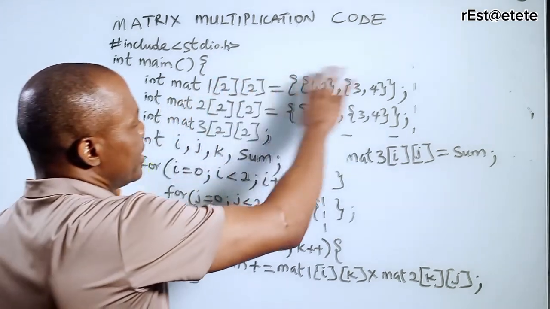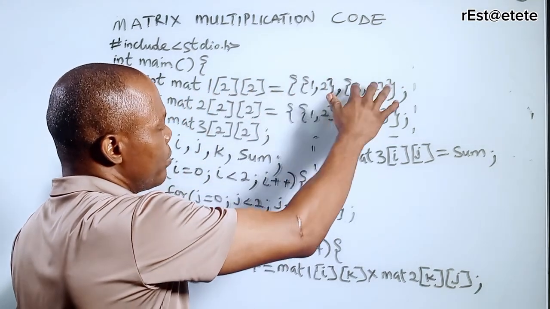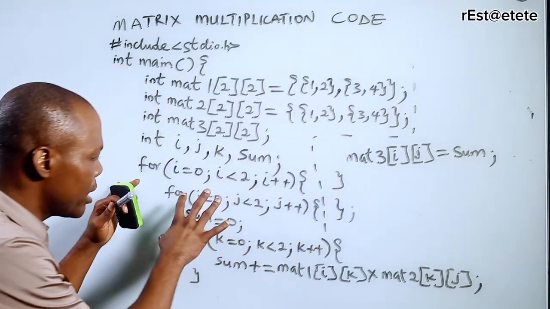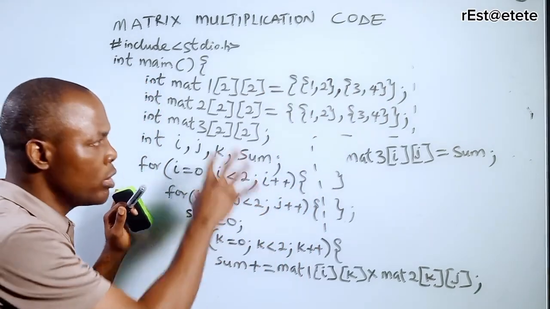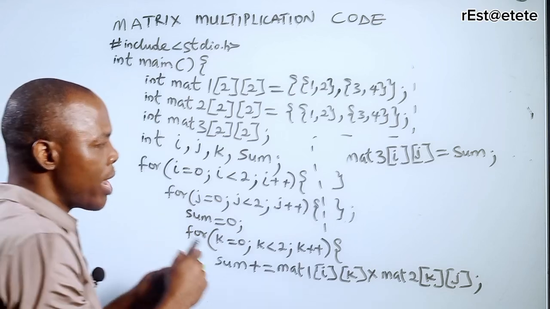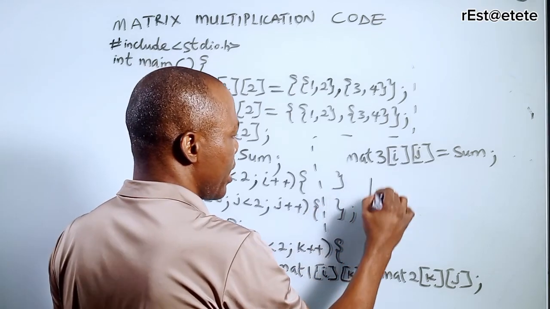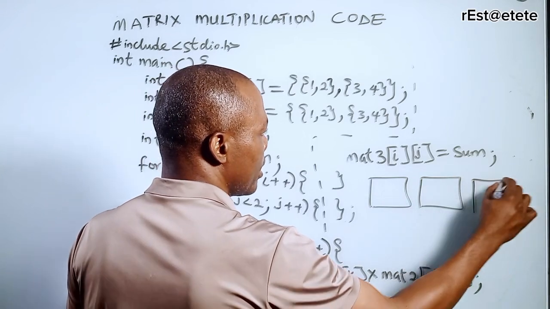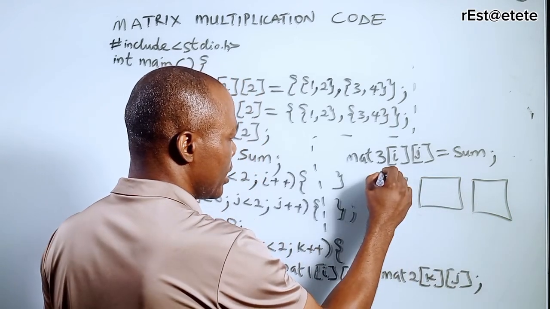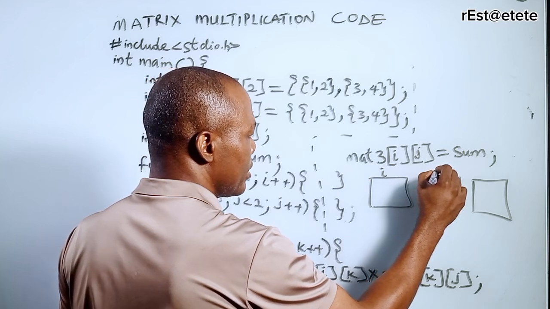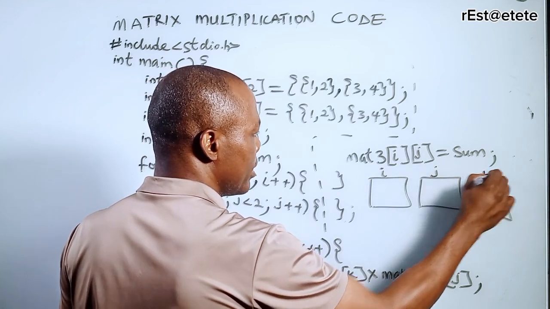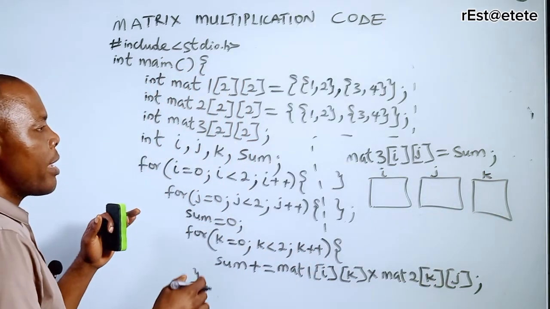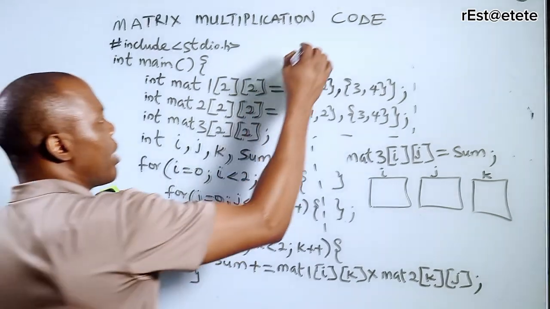Now I initialize my arrays here, my two arrays, this and this. Now this for loop is what I'm using to do the multiplication. So what will happen if I come here and I do this, I do this, and I do this? So this is I, this is J, and then this is K. Now, if I am to do this, I will come here.